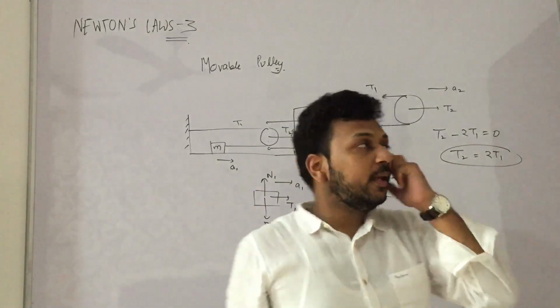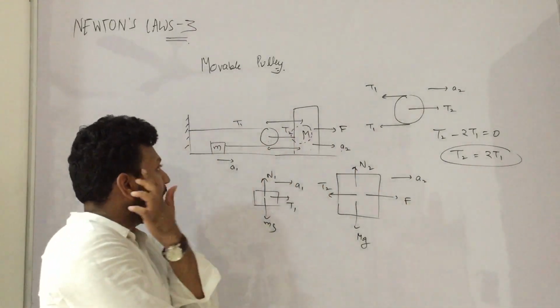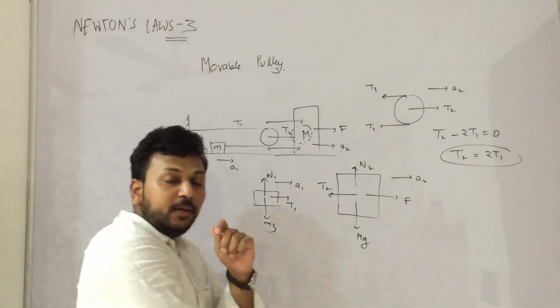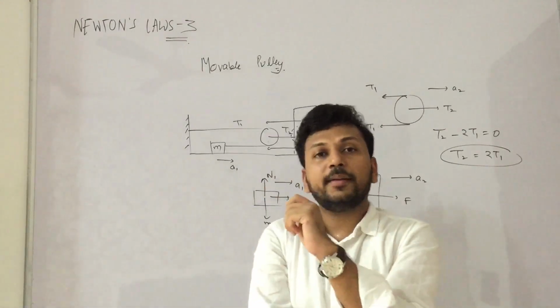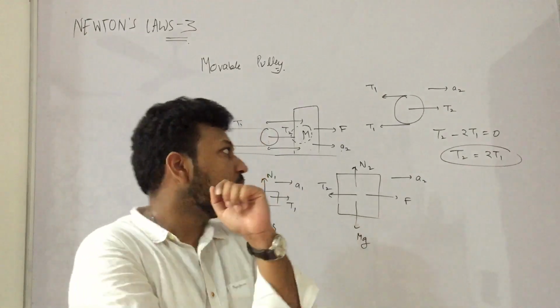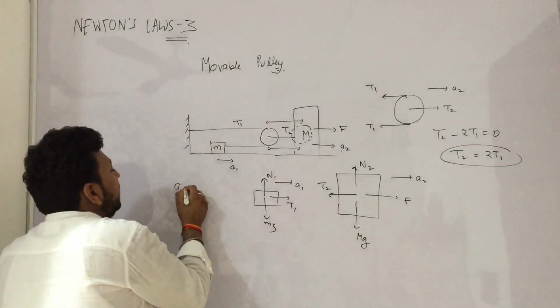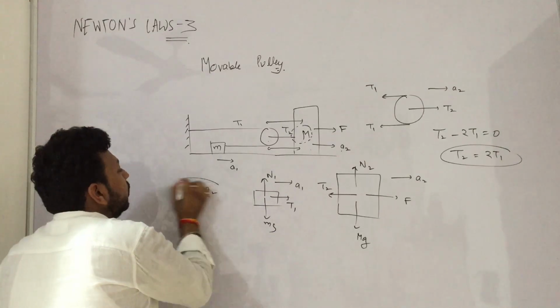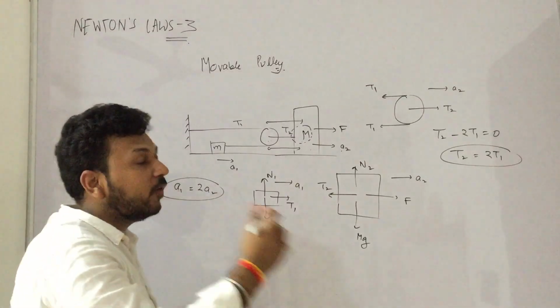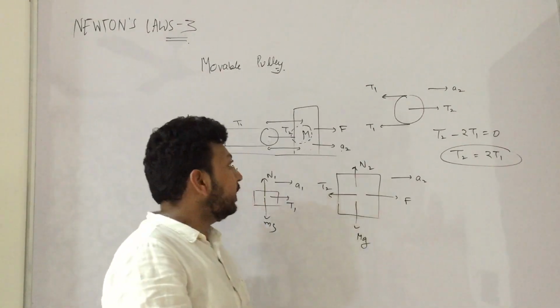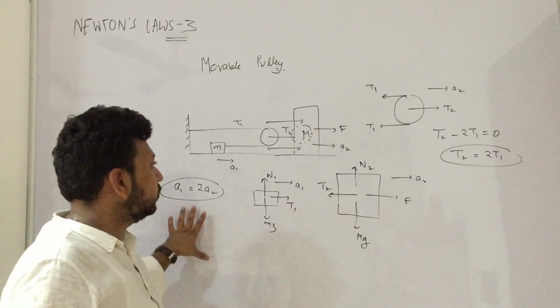So if I move capital M by 1 meter, small m has to move by 2 meters to cover it up. So the acceleration of small m, which is A1, will be equal to twice A2. A1 has to move faster. A1 is equal to twice A2.